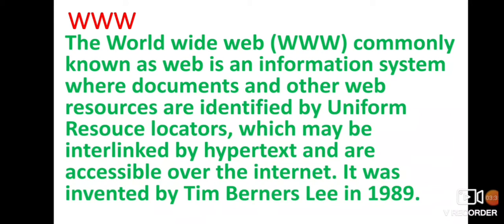Tim Berners-Lee is a British scientist who invented the World Wide Web while working at CERN laboratories. So www is an information system consisting of various interlinked files that can be accessed over the internet.